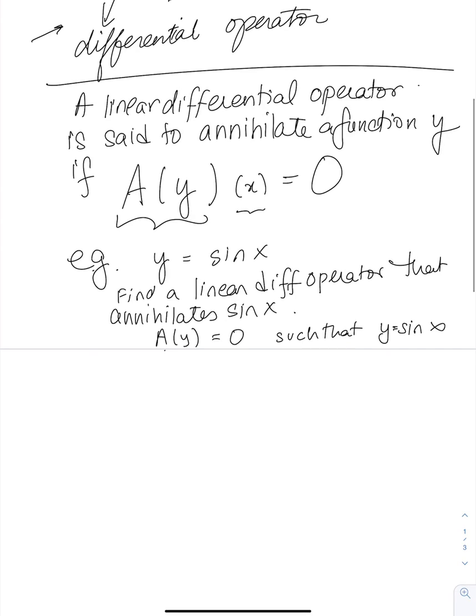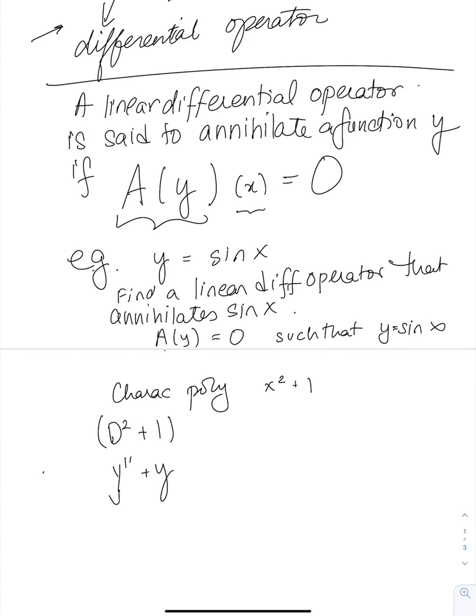Well, you can go to constant coefficient equations. If the characteristic polynomial is x squared plus 1, or the differential operator is D squared plus 1, then D squared plus 1 applied to y gives y double prime plus y.